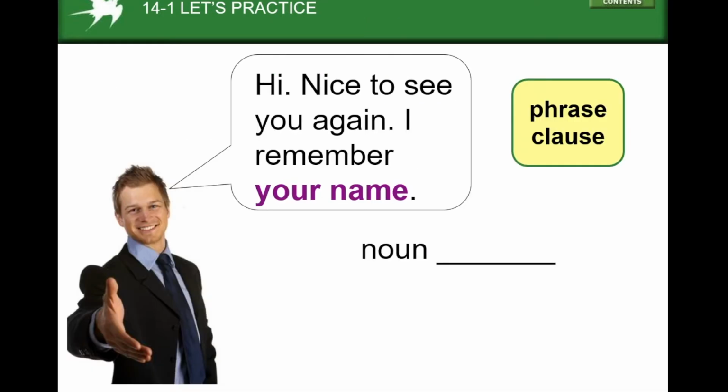Now I'm going to give a small test to see if you can identify phrases and clauses correctly. The answer to this question is phrase, noun phrase, because you don't see a subject and a verb.